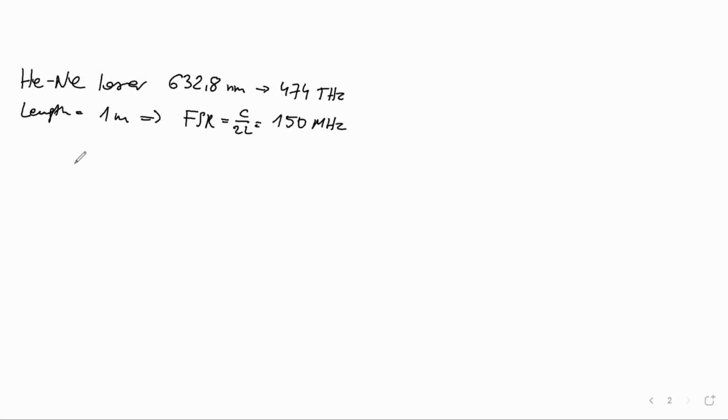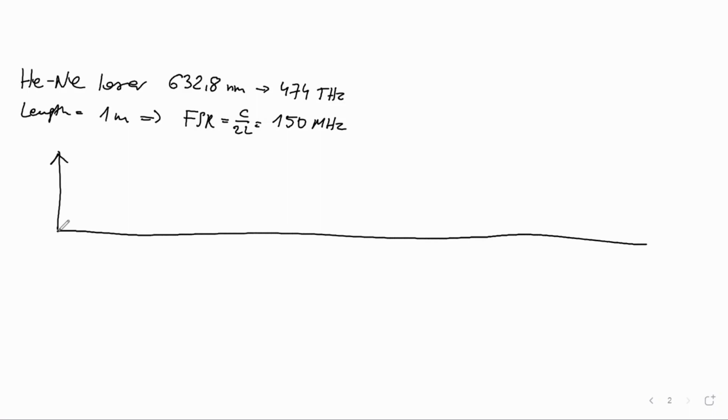Okay, so if we look at the resonances of this resonator, they will look like that. So we have equally spaced resonances. This was already in the previous lecture, right?